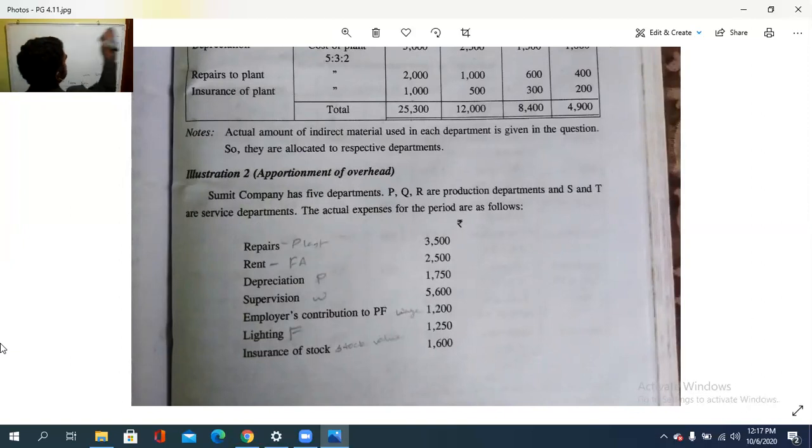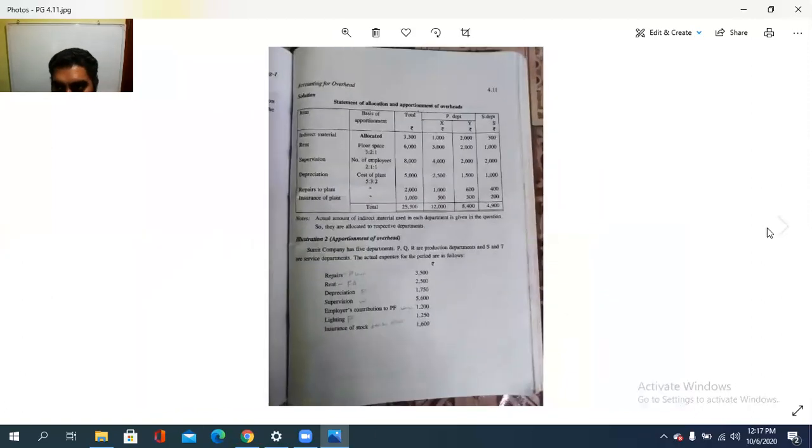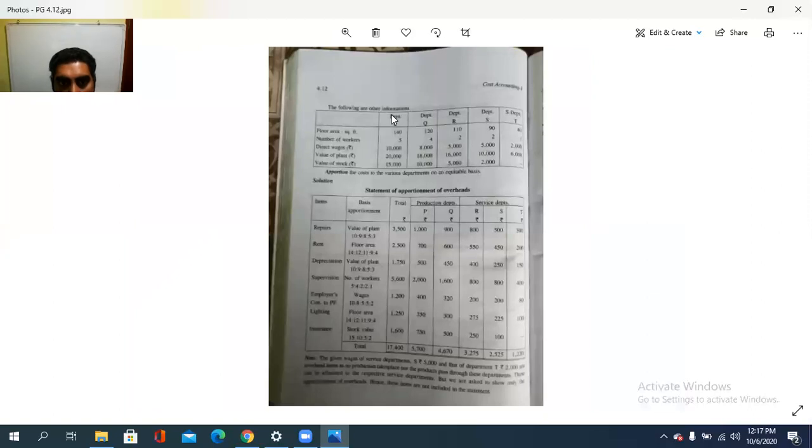Then another problem. Sumit company has 5 departments. P, Q, R are production departments, and S and T are service departments. The actual expenses for the period are repairs, rent, depreciation, supervision, employers' contribution, lighting, and insurance of stock.